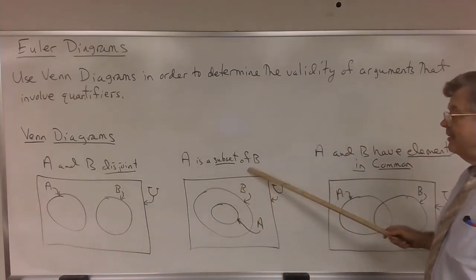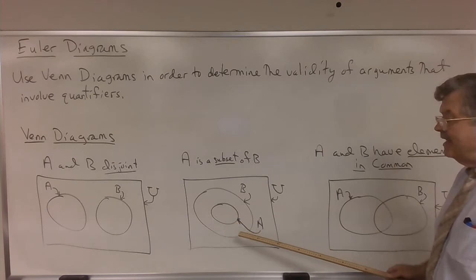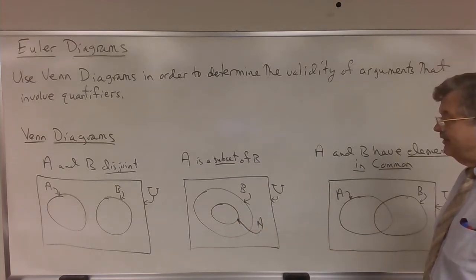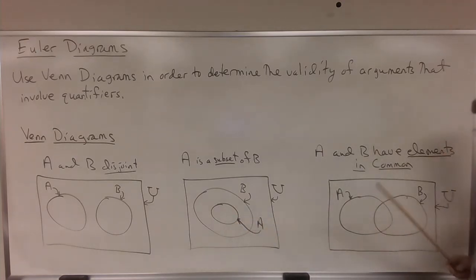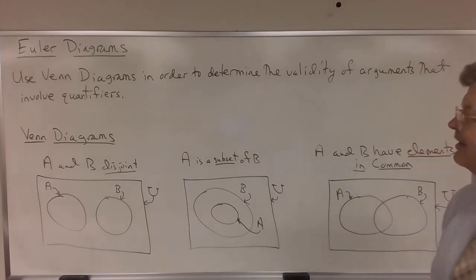If A is a subset of B, then we have a Venn diagram that looks like this, with set A completely contained in set B. And if A and B just in general have elements in common, we draw the Venn diagram this way. So I think we remember that, but it's been about a week, maybe a week and a half since we did Venn diagrams.